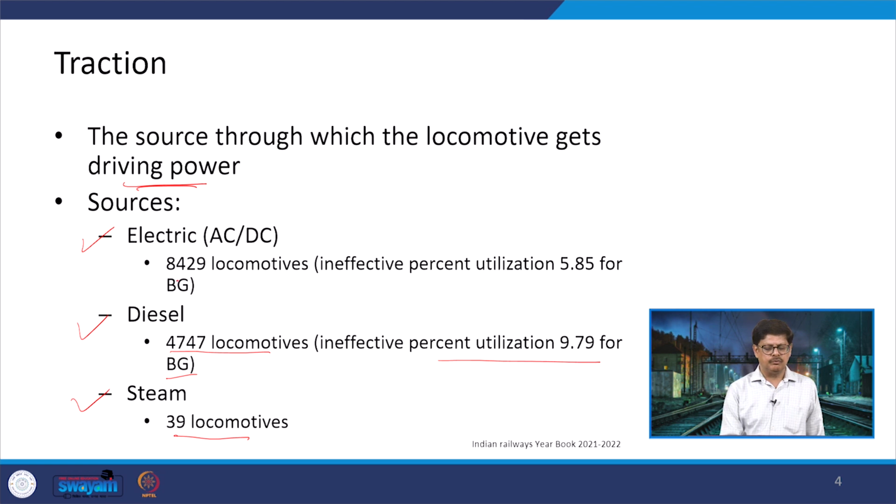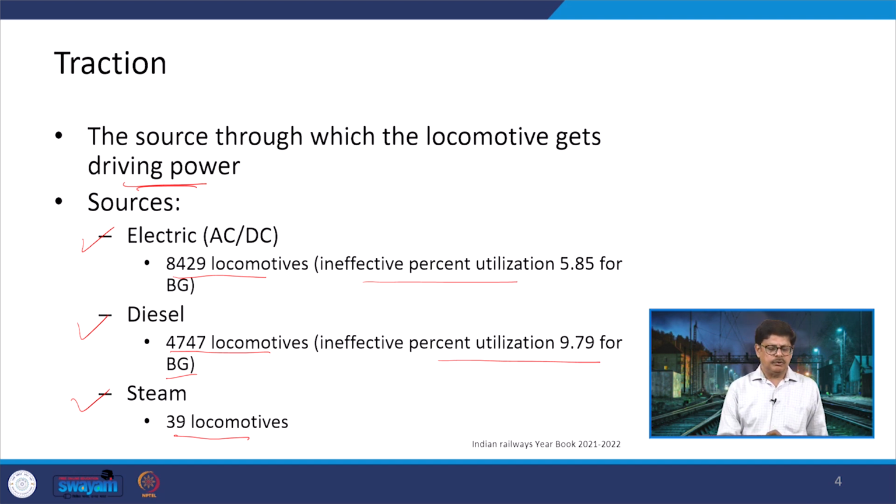Coming to the electric locomotives, we have 8,429 locomotives as of today, and the ineffective percent utilization is even lower, only 5.85% for the broad gauge. That gives an idea that the Indian Railways is utilizing its locomotives to the maximum possible extent, so that none of the rolling stock remains in the yards or sheds without any use.